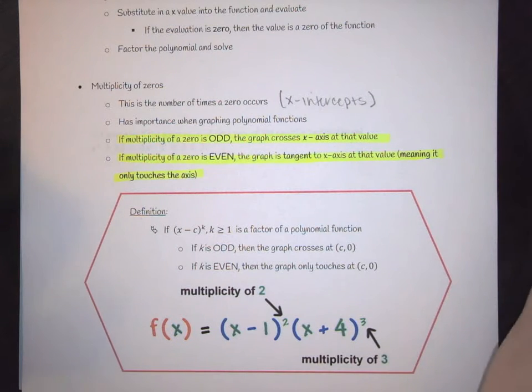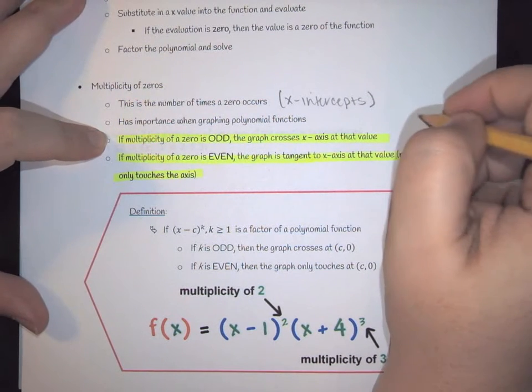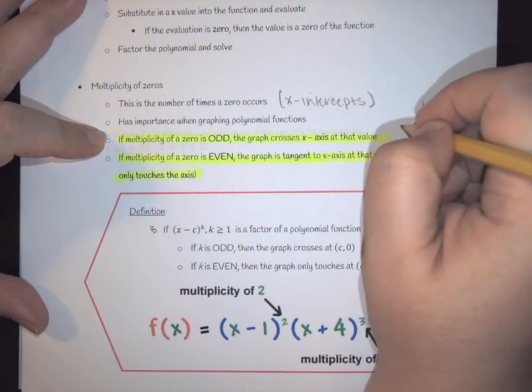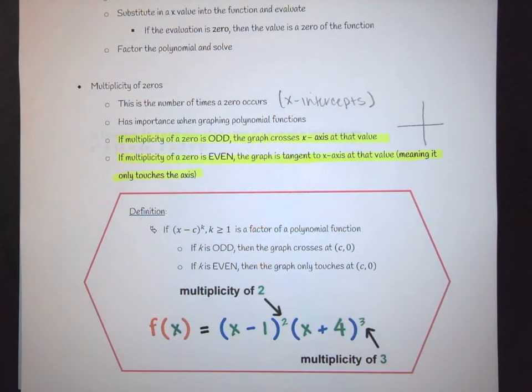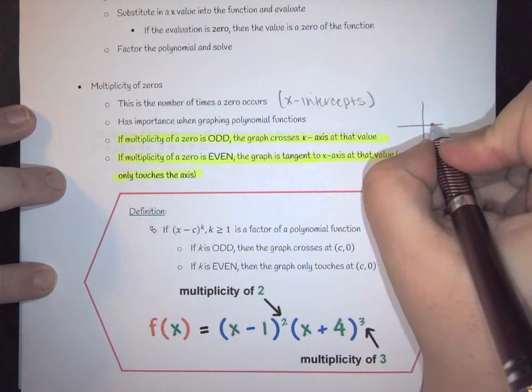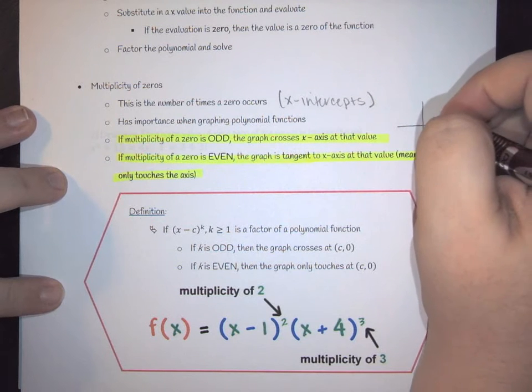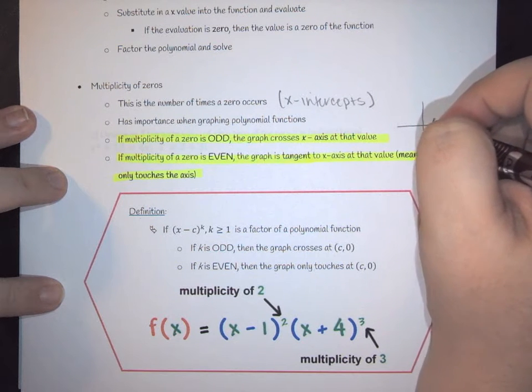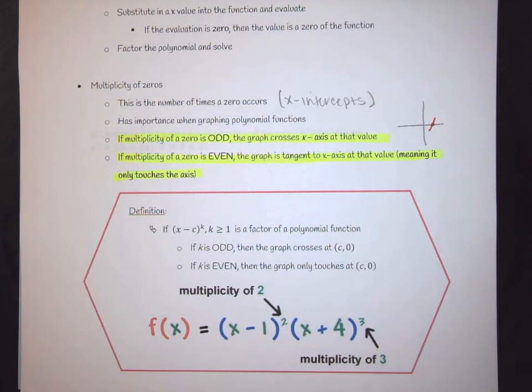So the way I like to remember it is like this. When we're odd, if we have a cute little graph, odd essentially means that if this point here was my intercept, my graph is crossing it. Okay.